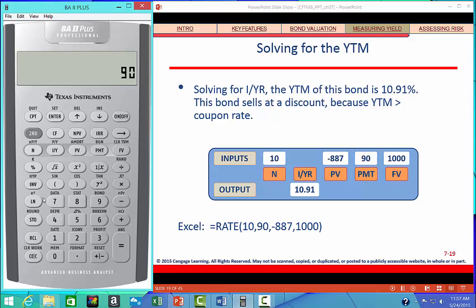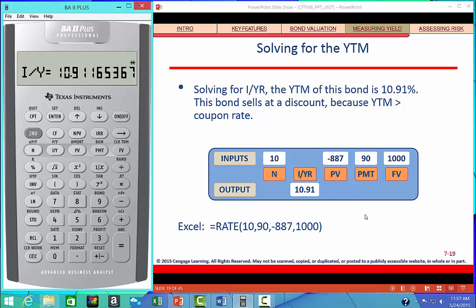I get $90 coupon payments, and then I get $1,000 back as my par value when the loan is over. And then I hit compute I to solve for the yield to maturity. And you see we get the 10.91, which is what the answer is.